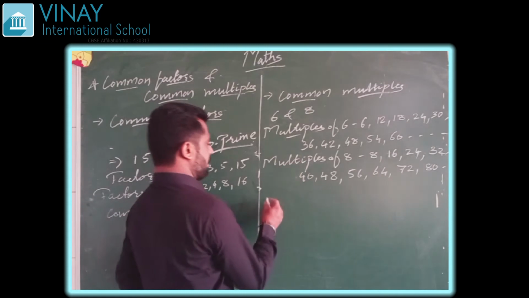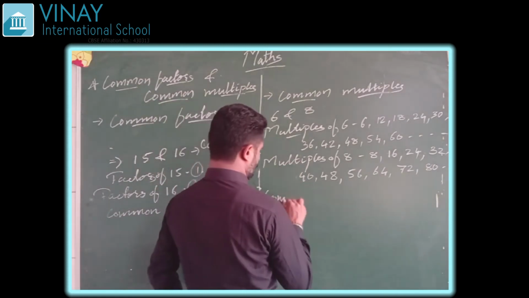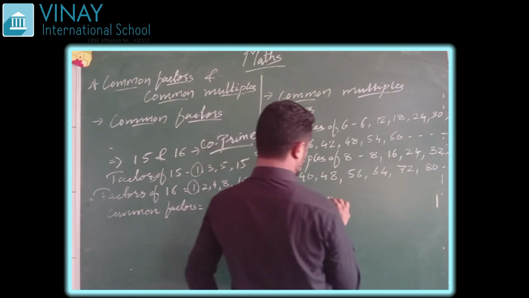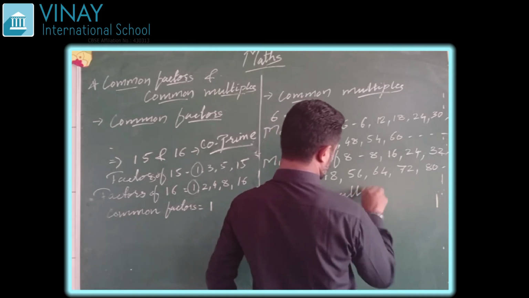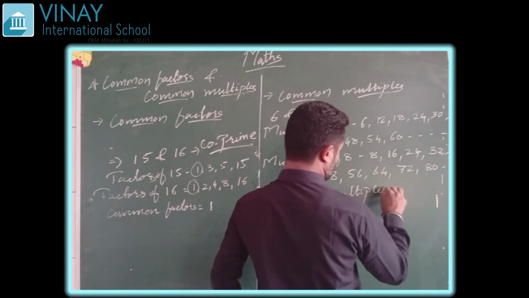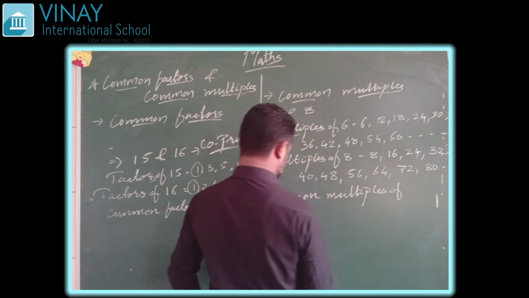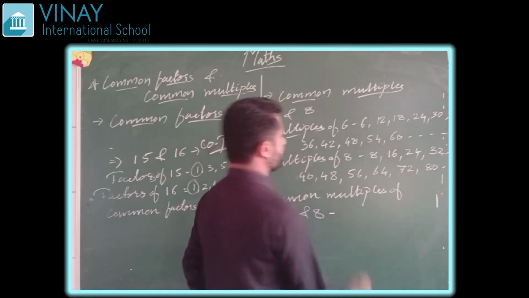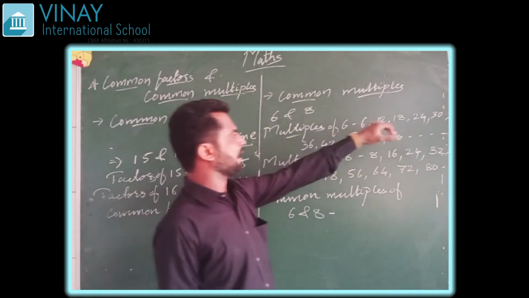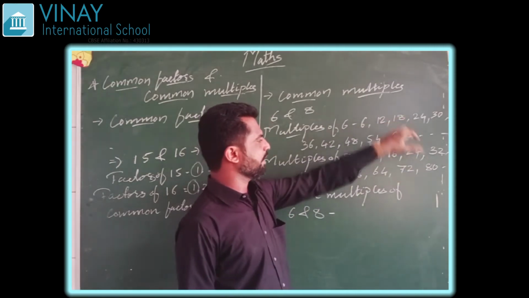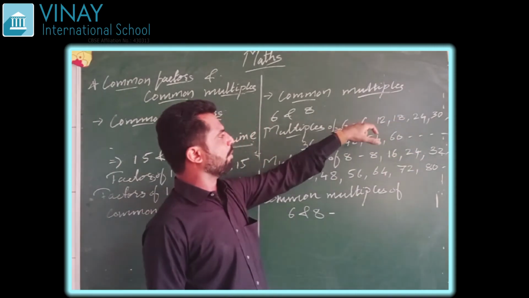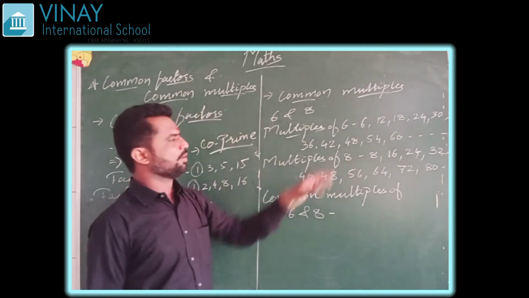Now we have to find out the common multiples of 6 and 8. For the common multiples of 6 and 8, the numbers which are multiples of both 6 and 8 are common.